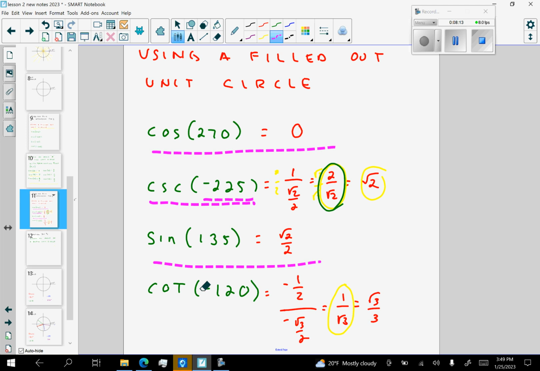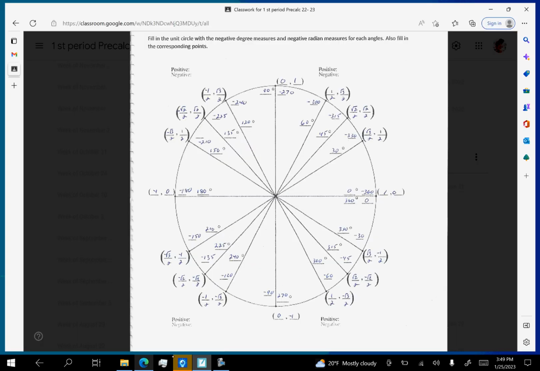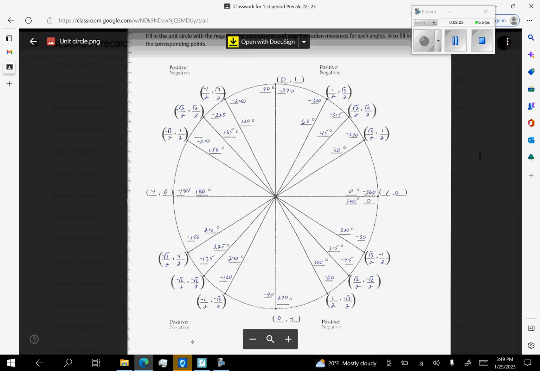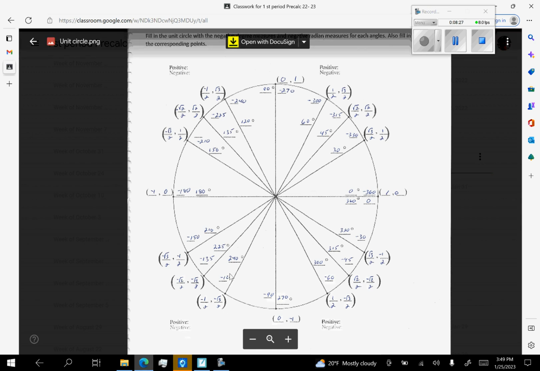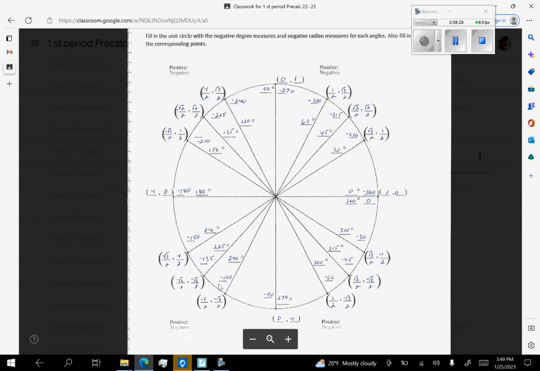I have to find the terminating point of negative 120 degrees. Go back to our unit circle, and if I look at negative 120 degrees, where is it? Well, it's right here. You can see my cursor right there. That's going to be negative 1/2 over negative square root of 3 over 2.